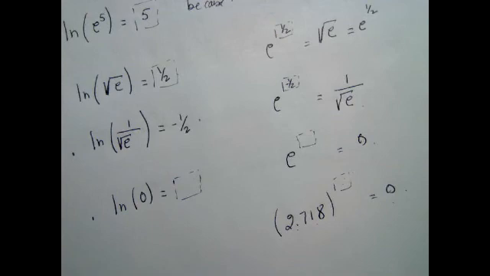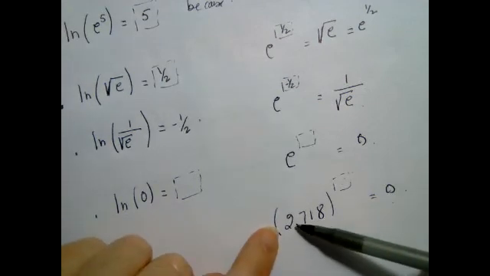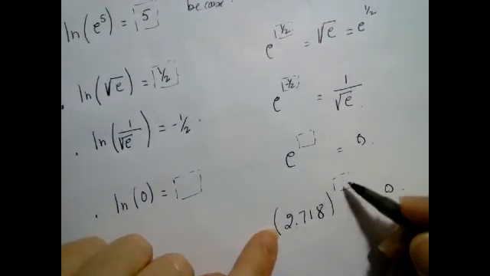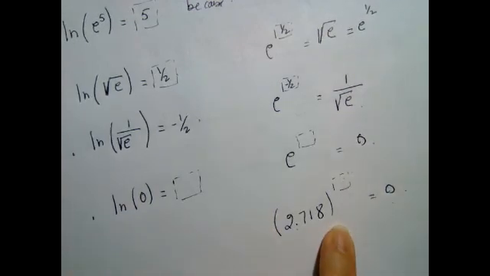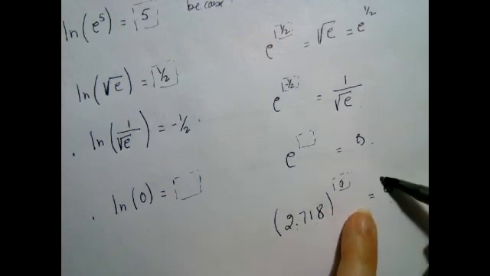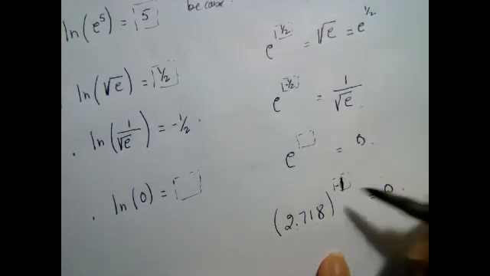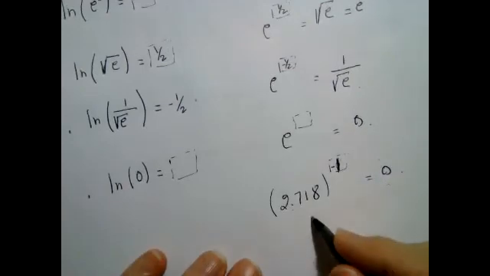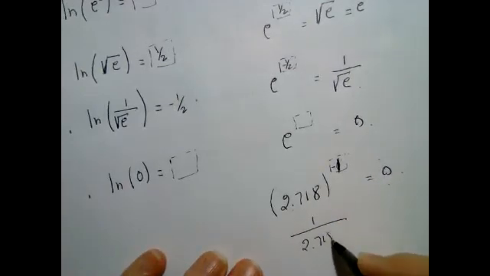What can you say? Anybody? Absolutely undefined. There is no number. You can take this to any power, nothing. If you take it to the power 1, 2, 3, you're not going to get 0. If you take it to the power 0, you get 1. If you take it to a negative power, like -1, it means 1 over this, which cannot be equal to 0.